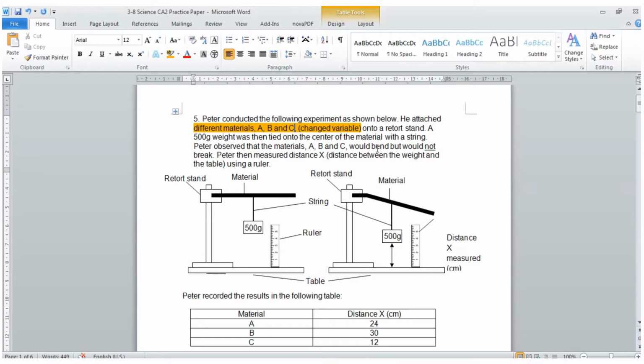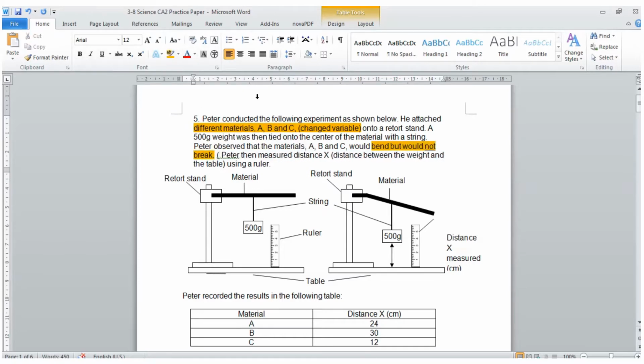When we read, we also need to always identify the key words within the question itself. And in this case, it said would bend but would not break. This actually tells you about one of the properties that we have learned. Something about bending. Yes, you get it right.